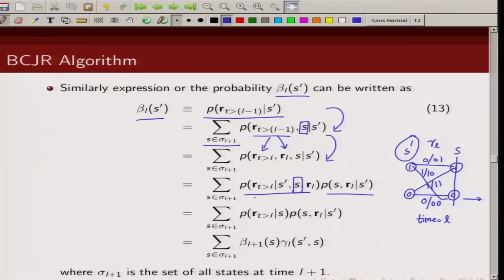So, I can simplify this expression in this particular fashion, and if we go back, this is nothing but our betas and this is our gamma.